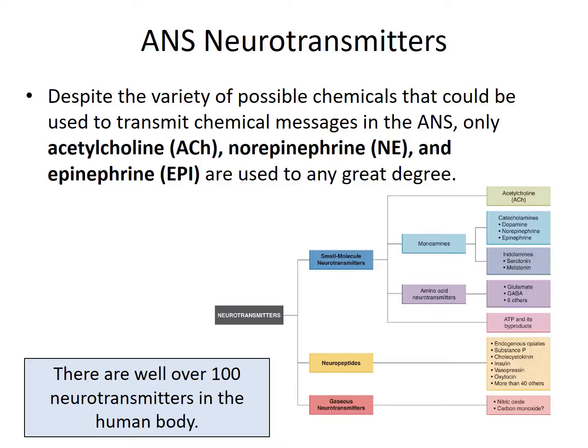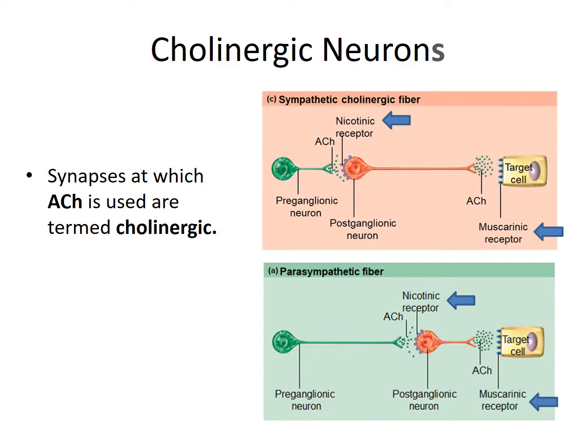Despite the variety of possible chemicals that could be used to transmit chemical messages in the autonomic nervous system, only acetylcholine, norepinephrine, and epinephrine are used to any great degree. Synapses at which acetylcholine is used are termed cholinergic synapses.